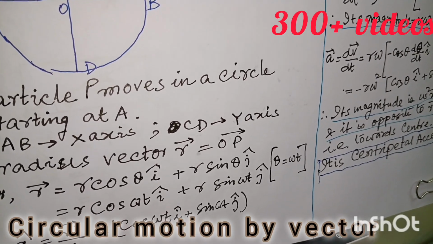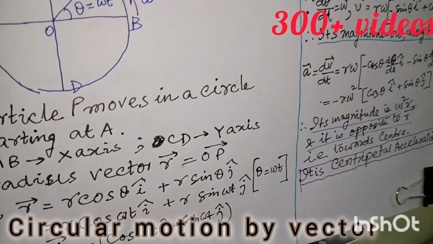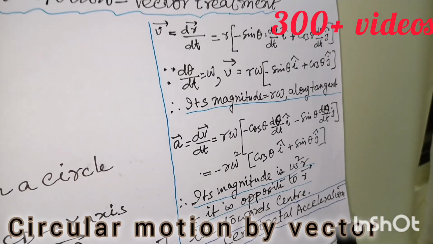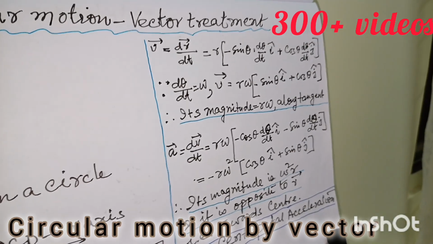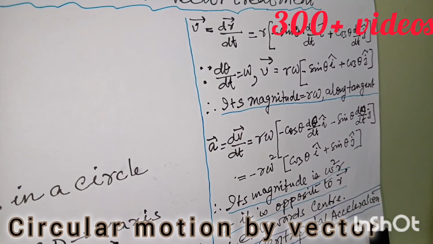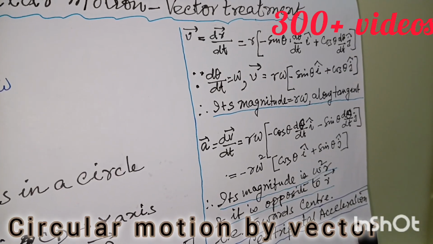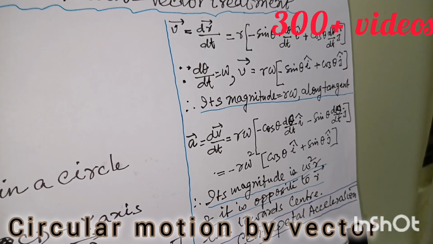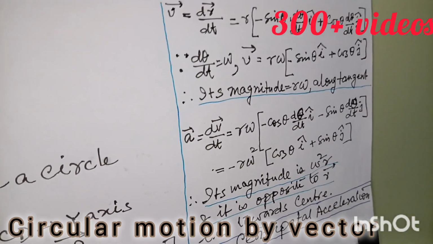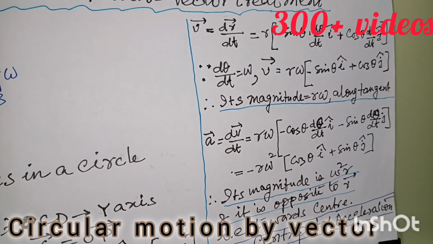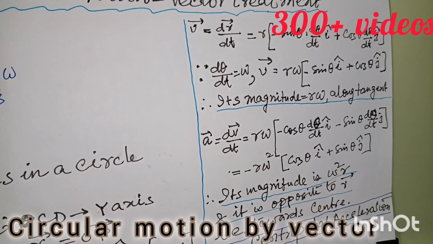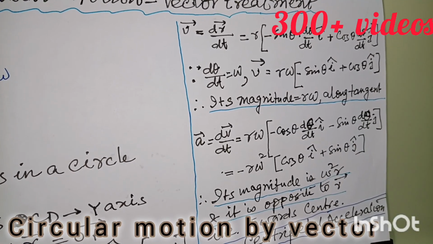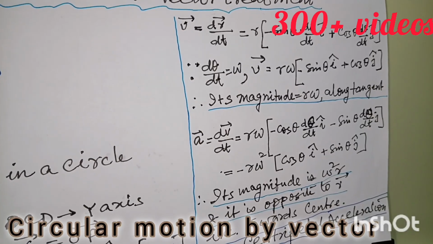If we differentiate it with respect to t, we get v equals dr by dt equals r into minus sin theta d theta by dt i cap plus cos theta d theta by dt j cap, because differentiation of cos theta becomes minus sin theta, and differentiation of sin theta becomes plus cos theta.